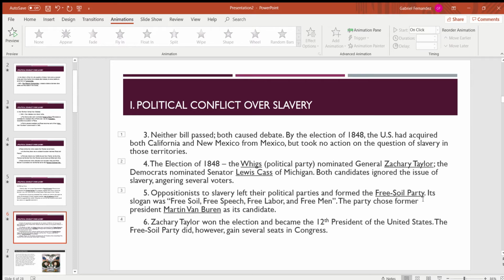Eventually, the Free Soil Party will become just a small part of the much larger Republican Party, and that was the birth of Republicans and Democrats as we know it today. Zachary Taylor, a Whig at the time, ended up winning the election and became the 12th president of the United States. The Free Soil Party did, however, gain several seats in Congress, so they're going to start acquiring more power.